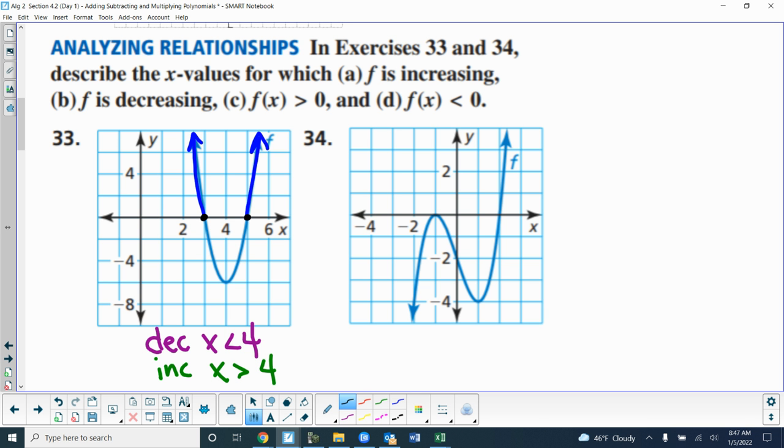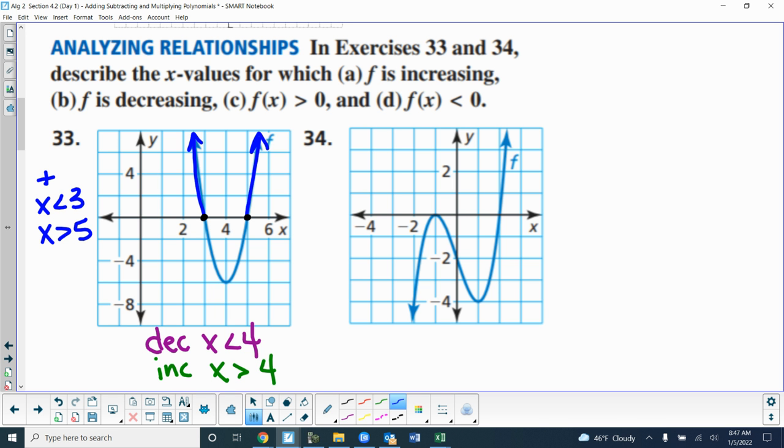So this dot is 3, so where it's positive is all left of that, so all x values less than 3, and this x value is 5, and it's to the right of that, so all values of x greater than 5, it's positive, or less than 3. This x value there is 3. Left of it, it's above, and that x value is 5. Right of it, above, is positive part of the graph.